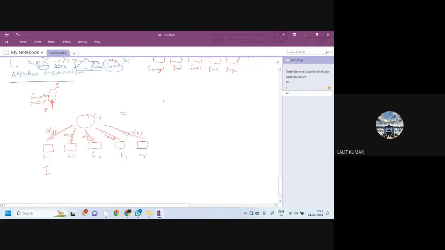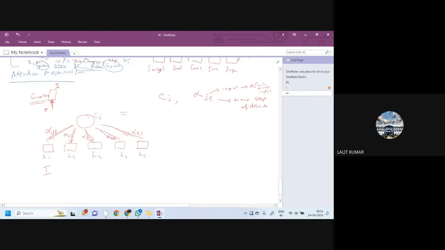Now how to calculate this Cj, and how to calculate this alpha Jt, where J is the input word which is affecting more with more information, and T is the time step of the decoder?